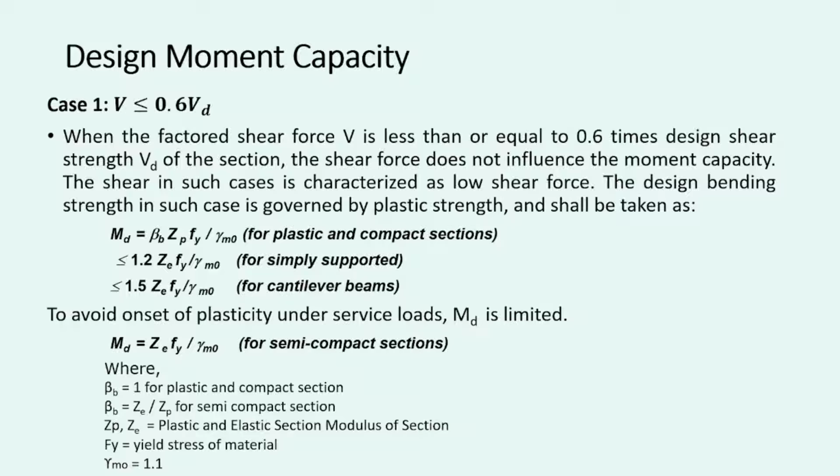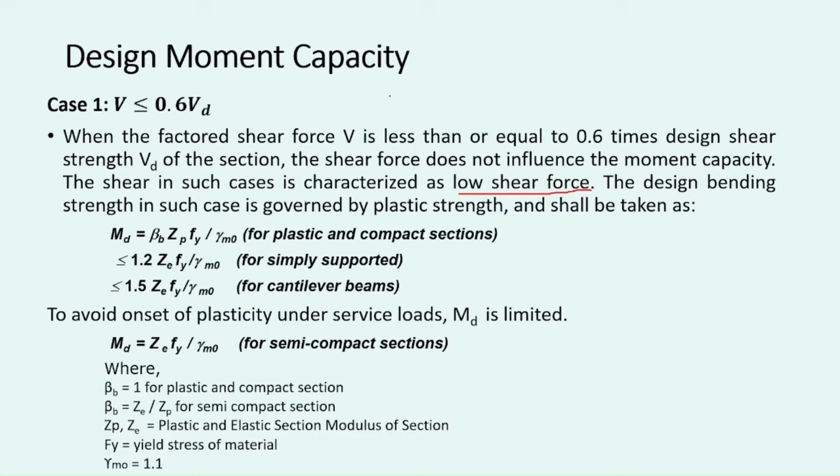If my shear force is less than 60% of the design shear capacity of the beam, where the design shear capacity is VD, that is, if the shear force acting on the beam is less than or equal to 0.6 times the design shear capacity, then the code says that kind of shear is called low shear force.